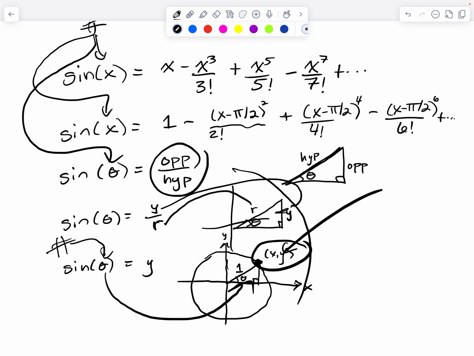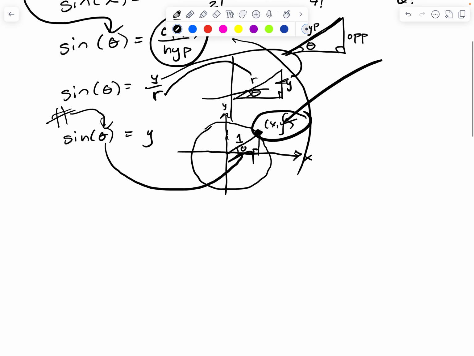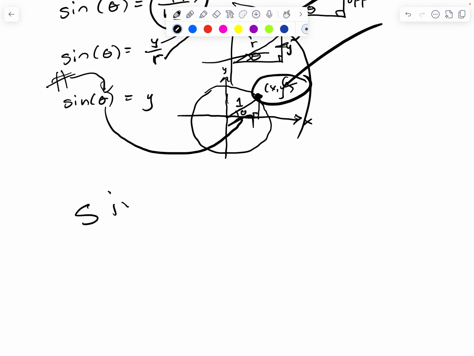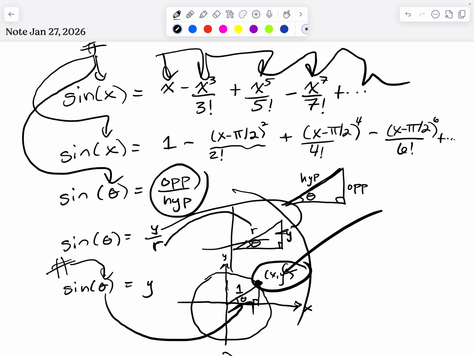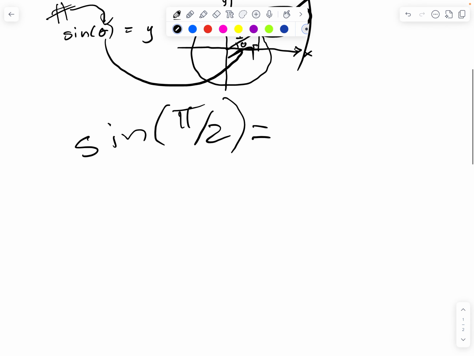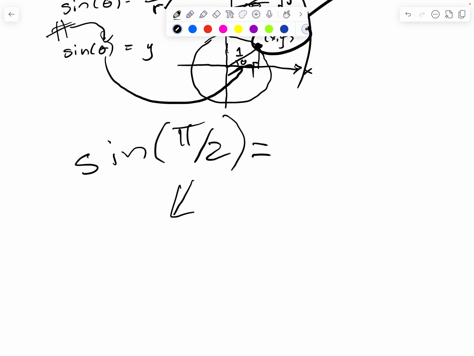So for instance, if I have sine of pi over 2, instead of putting pi over 2 here and here and here and trying to add up an infinite number of numbers, I can think of this as an angle in radians.